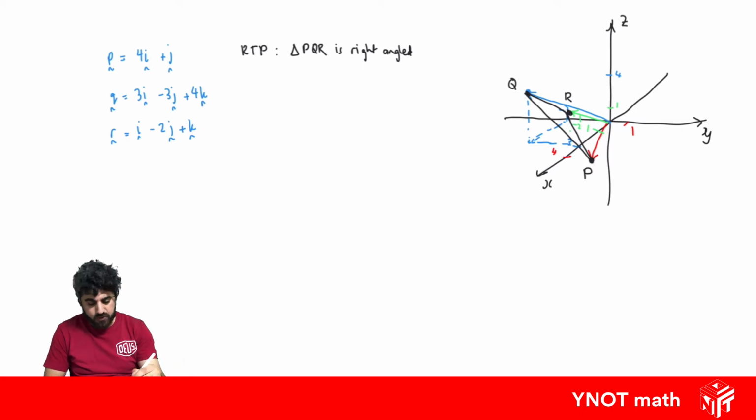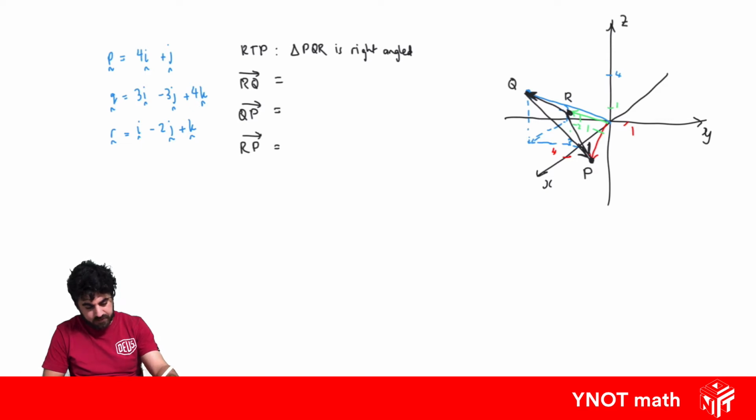So in order to do this, we probably need expressions for the vectors RQ or QR, but I'm going to go with RQ, QP, Q to P, and R to P. It doesn't really matter which direction you go with, but I've chosen those. So we're going for R to Q, Q to P, and R to P.